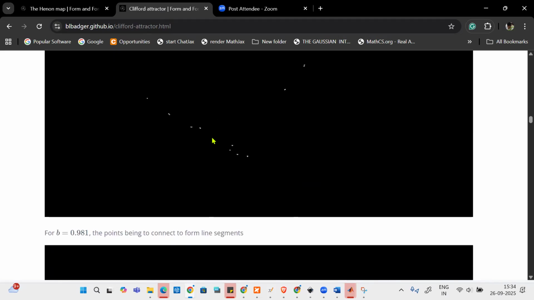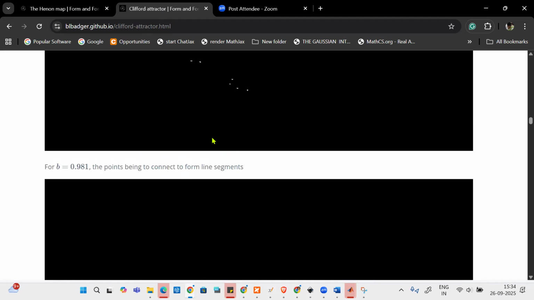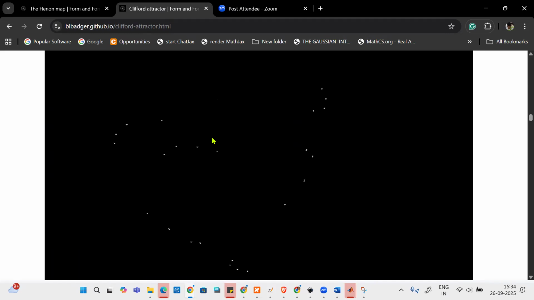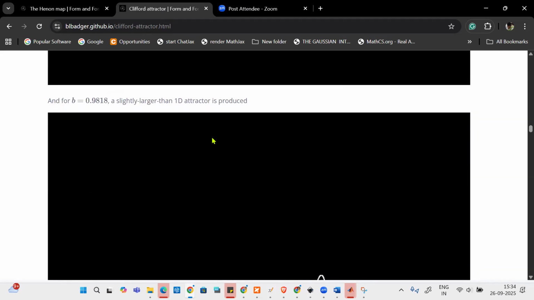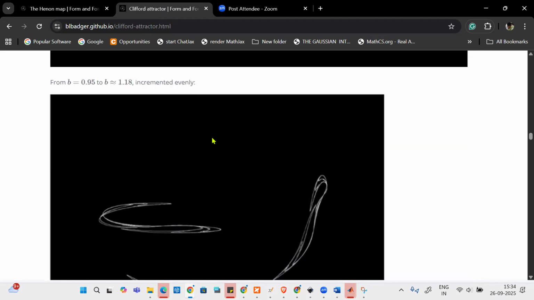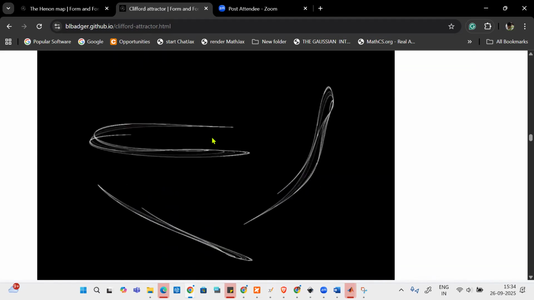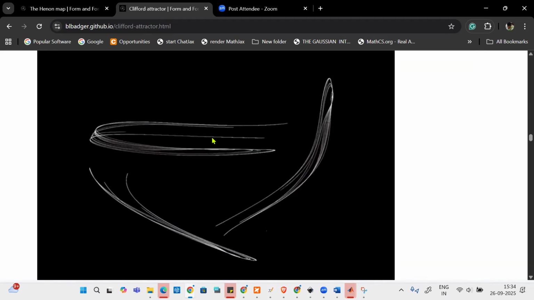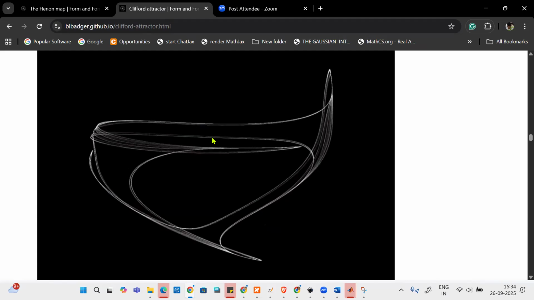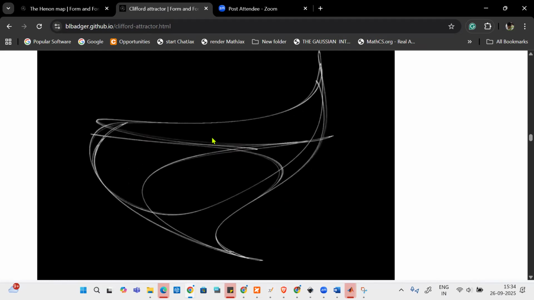So that's the idea. You see periodic points here. These are periodic points, a finite set of points. The more you zoom in, you can still see different attractors here. And I think as parameters vary, you can see how they combine with each other, and how they made this diagram possible.